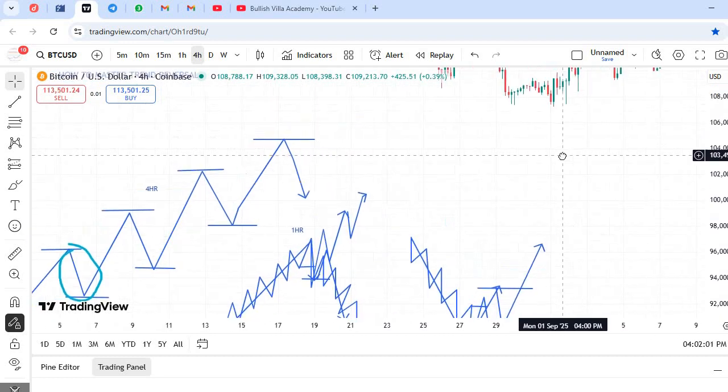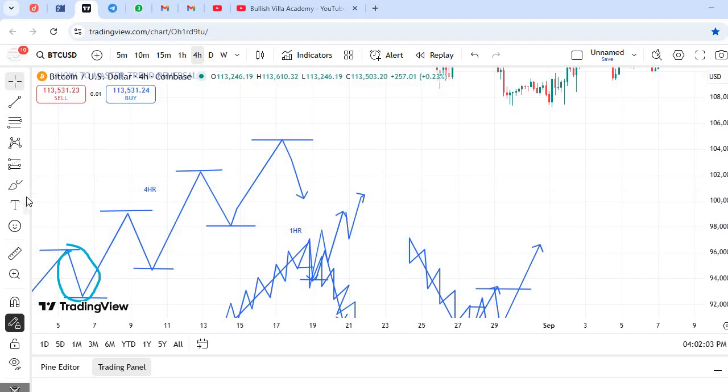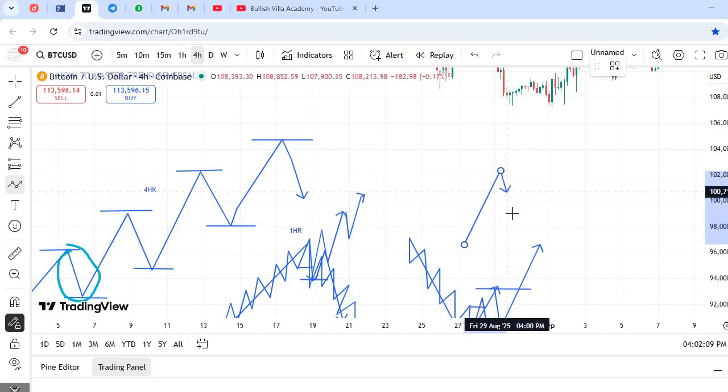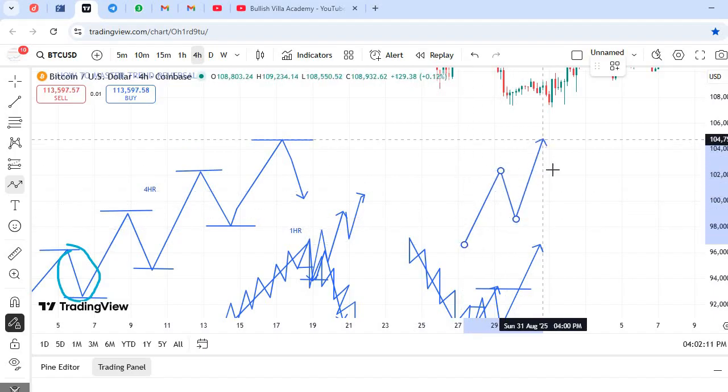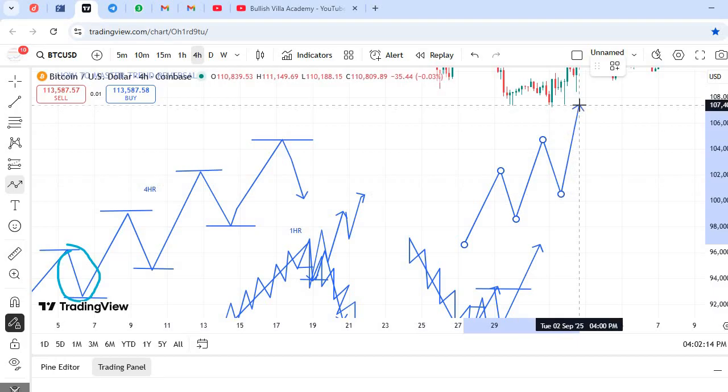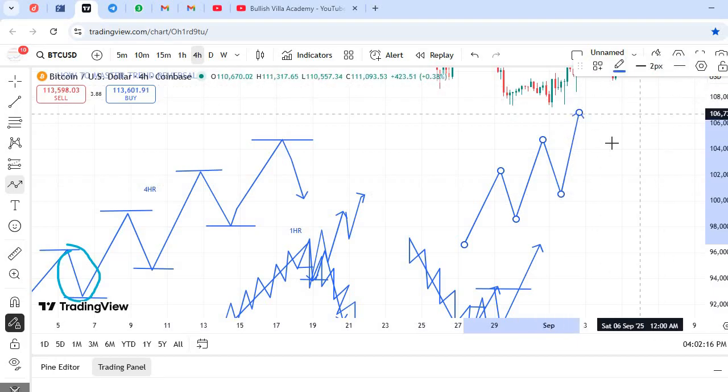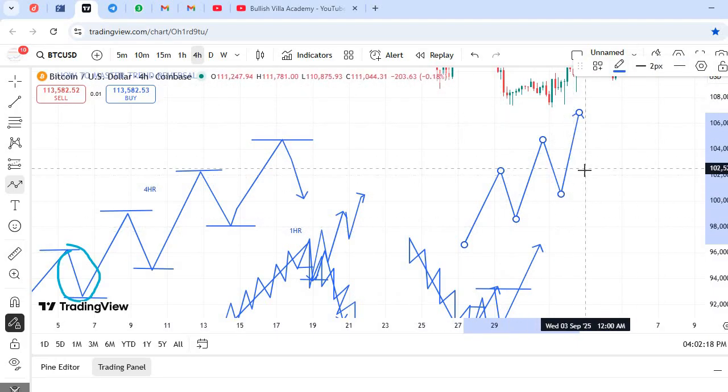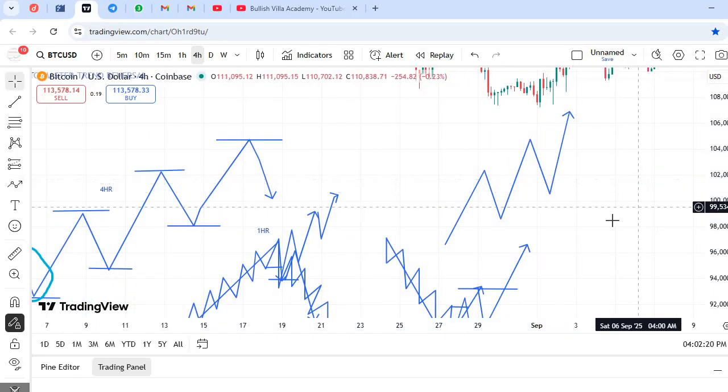Let's say for instance we have something like this. Let's listen attentively. We have impulse, correction, impulse. So let's assume we have this in the chart. Now this is an uptrend, don't forget.